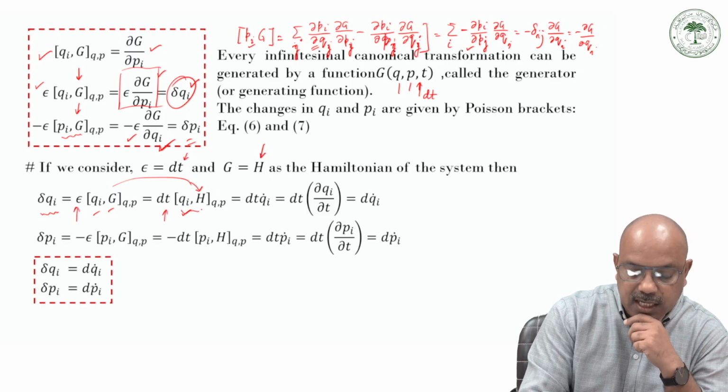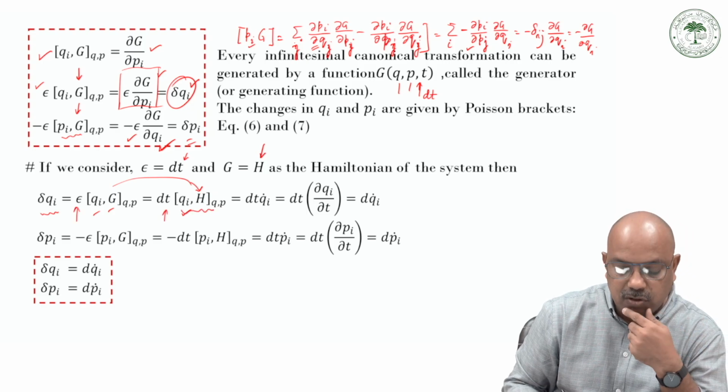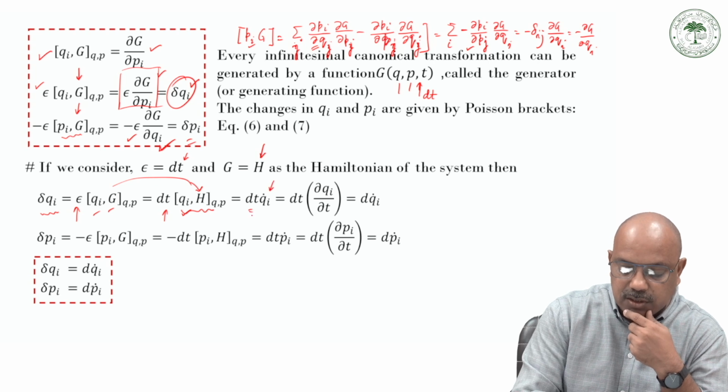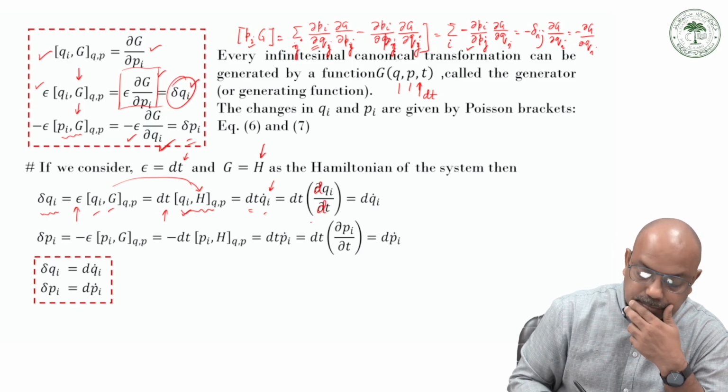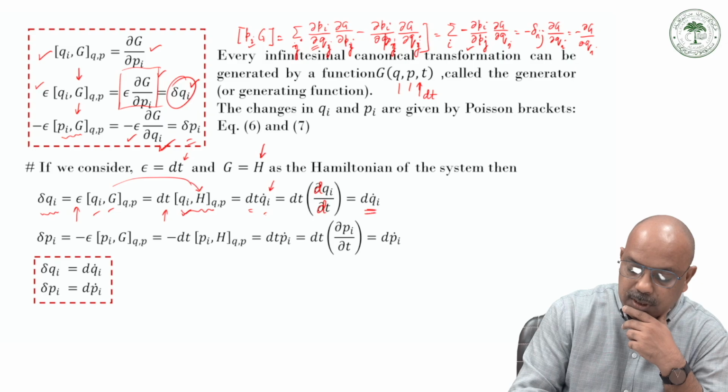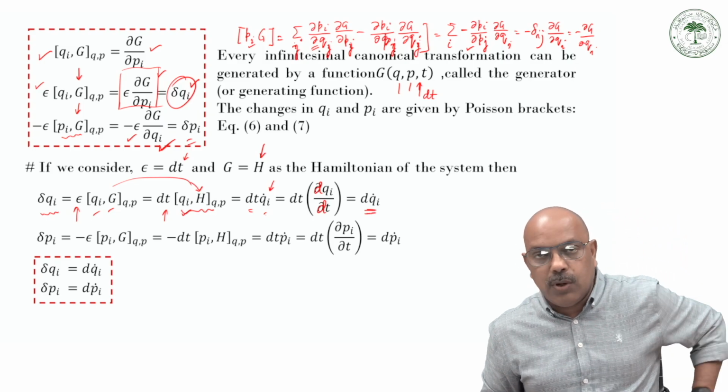We know that the Poisson bracket of Q with H is my Q dot with respect to t. So what I'm going to get is dt here, and Q dot is basically dq upon dt, so this is going to be dqi dot.